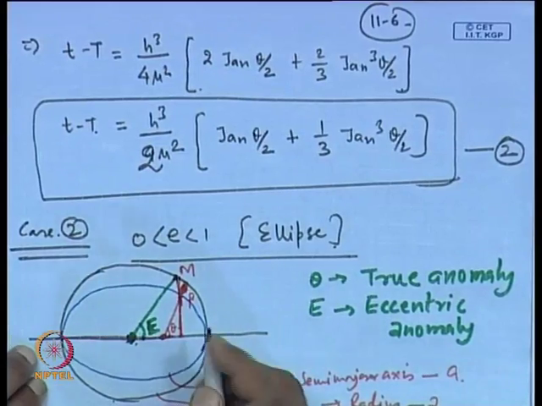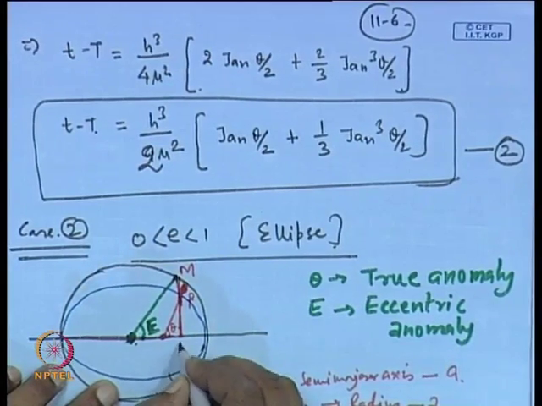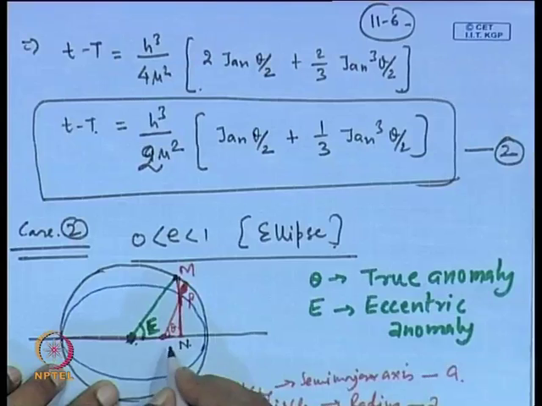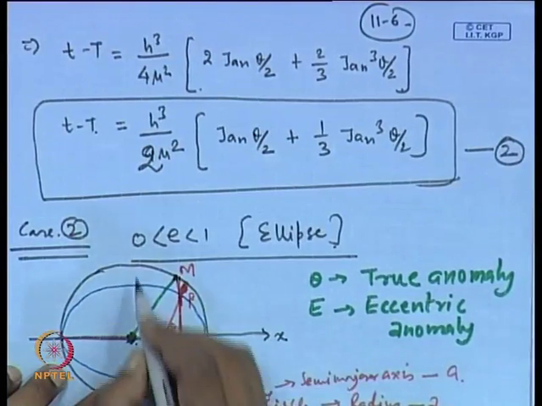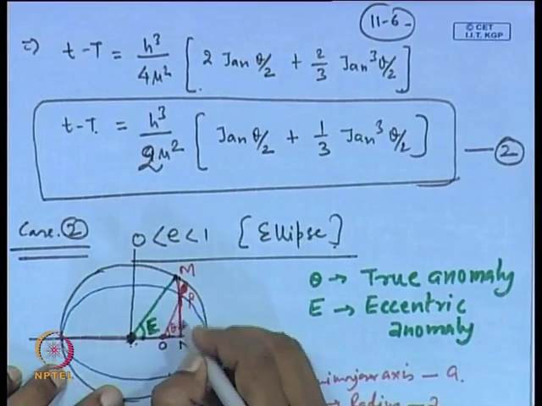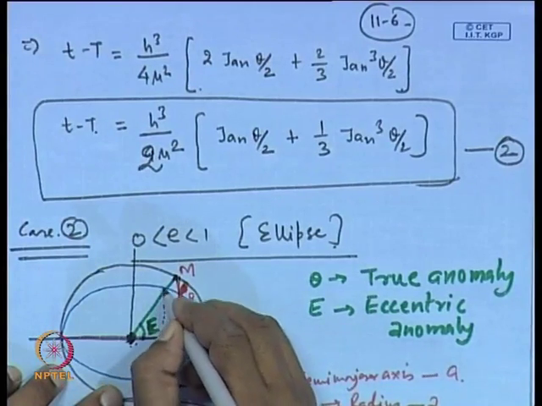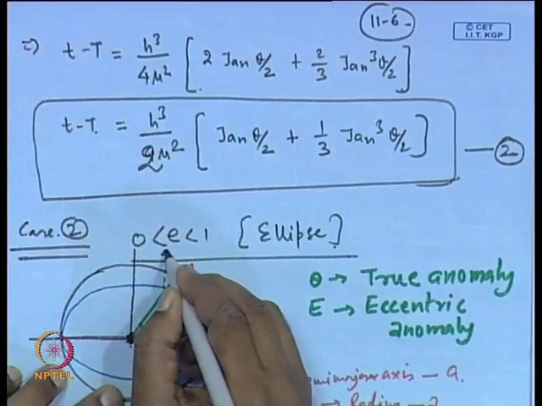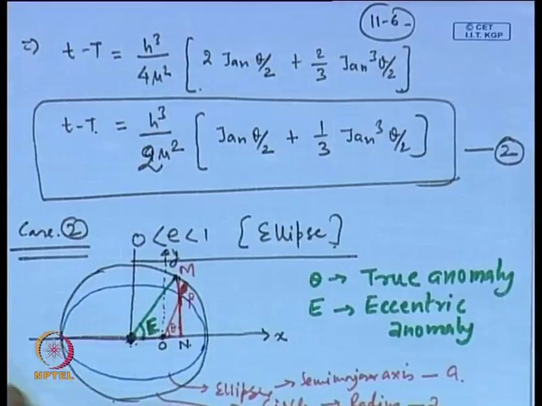Okay. This point we write as N, this is O. This axis we write as X, and this axis we indicate as Y.